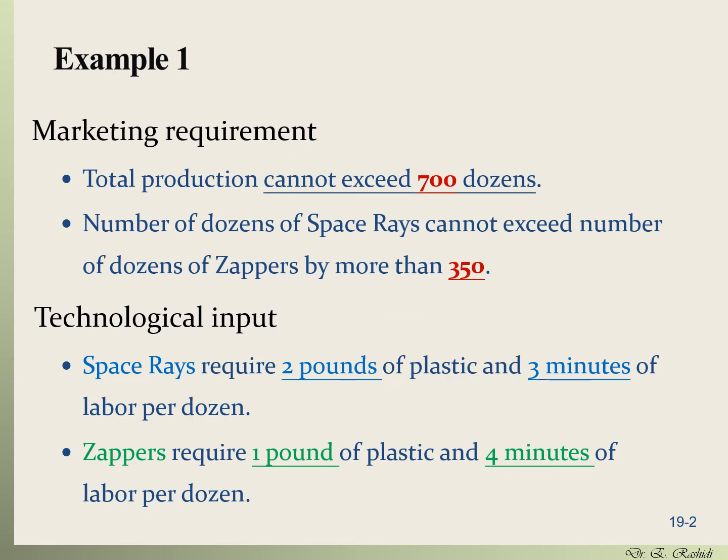For the zappers, 1 dozen would require 1 pound of plastic and also 4 minutes of processing time or labor time. So each type of toy has different ingredients.